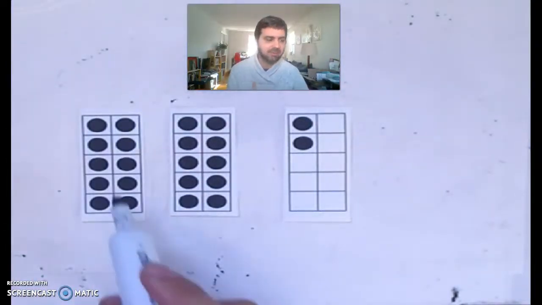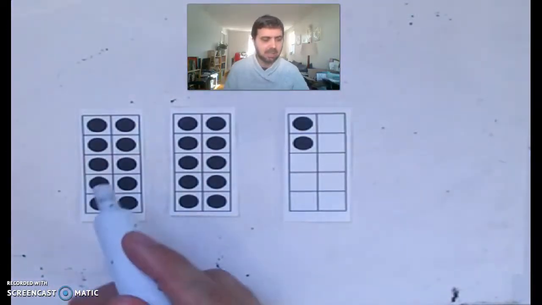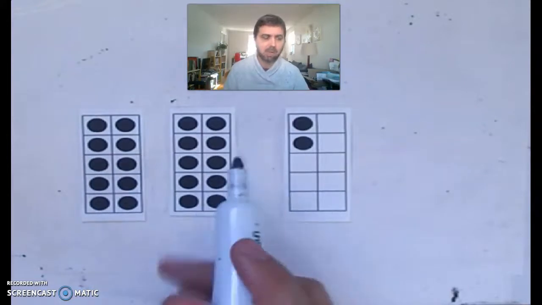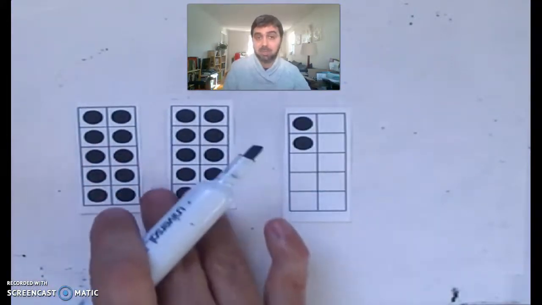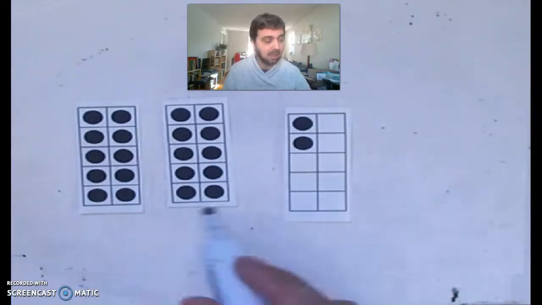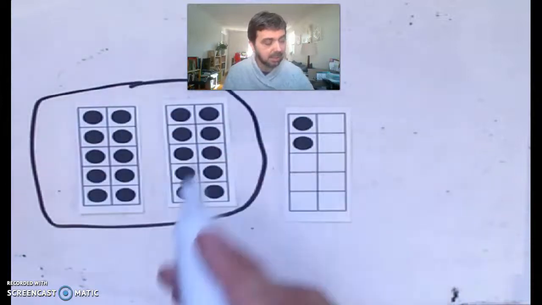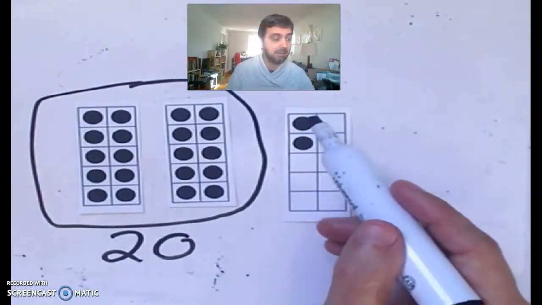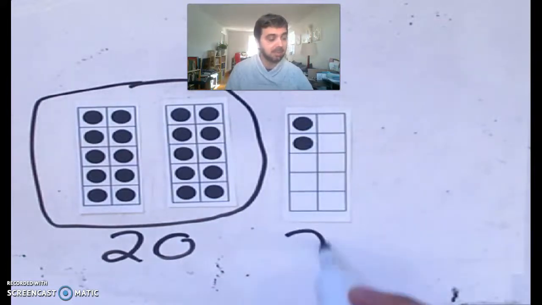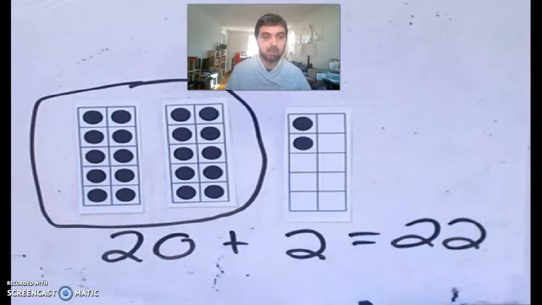If there's 10 cookies, we could call it a 10. So there's 10 cookies and 10 more cookies. So we have 2 10s of cookies. All of this is going to give us 20. And then here we have 21, 22, because this is 2 more. So 20 and 2 gives us 22.